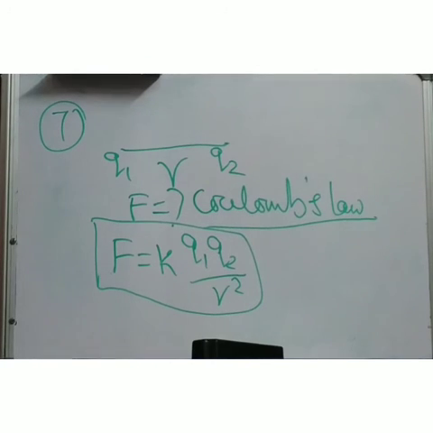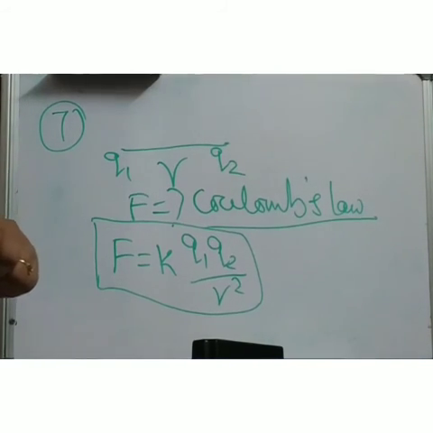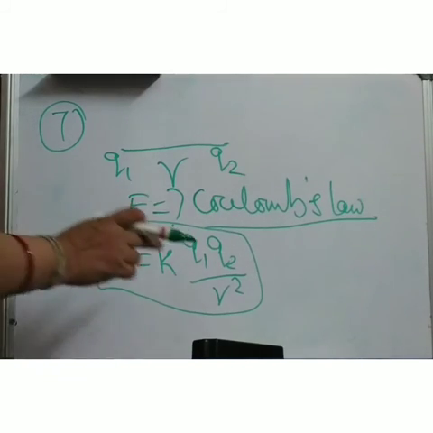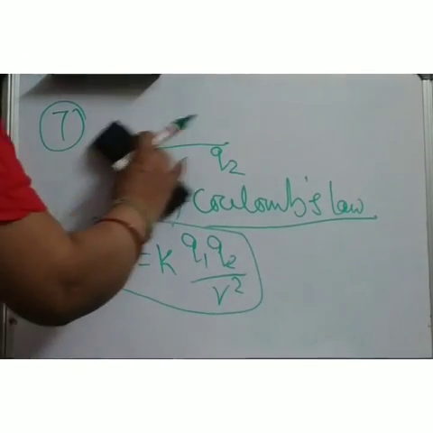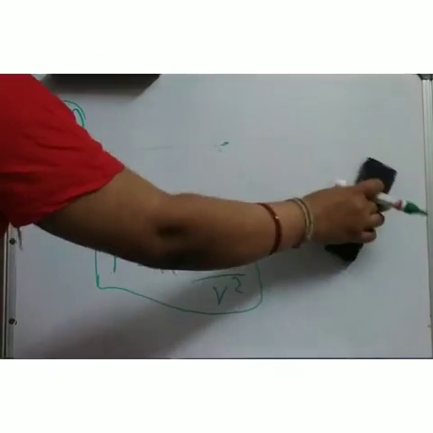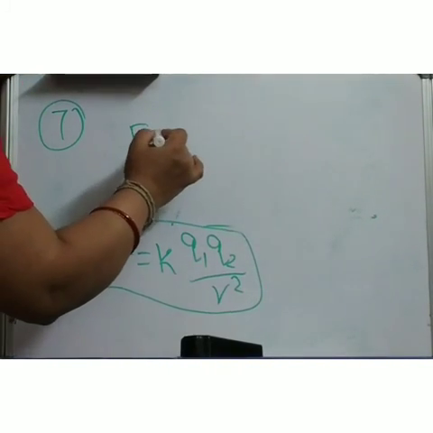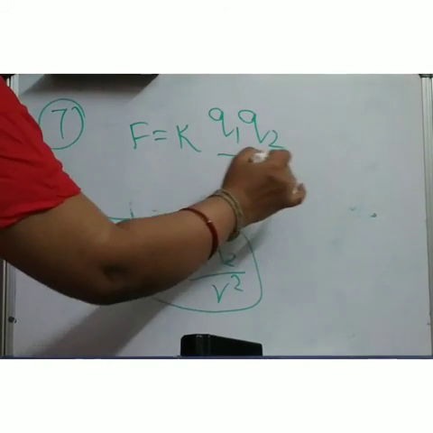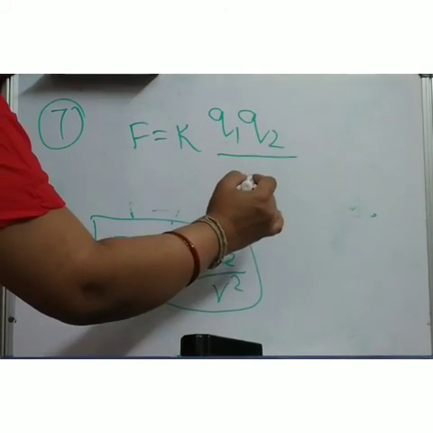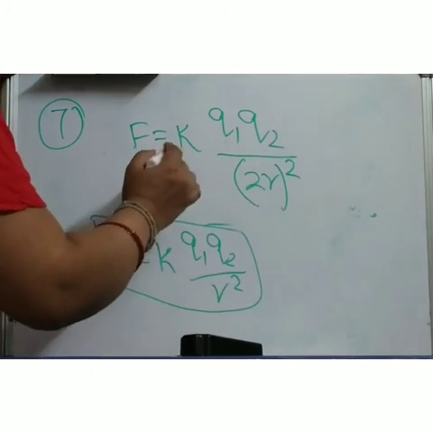Now, what you have to find out is, if this distance is doubled, then what will be the value of F? Easy. This is the original formula of Coulomb's law. Now the distance is doubled. Then what will happen? F is equal to K Q1 Q2 by R square, and R is now doubled, so it will become (2R) square.